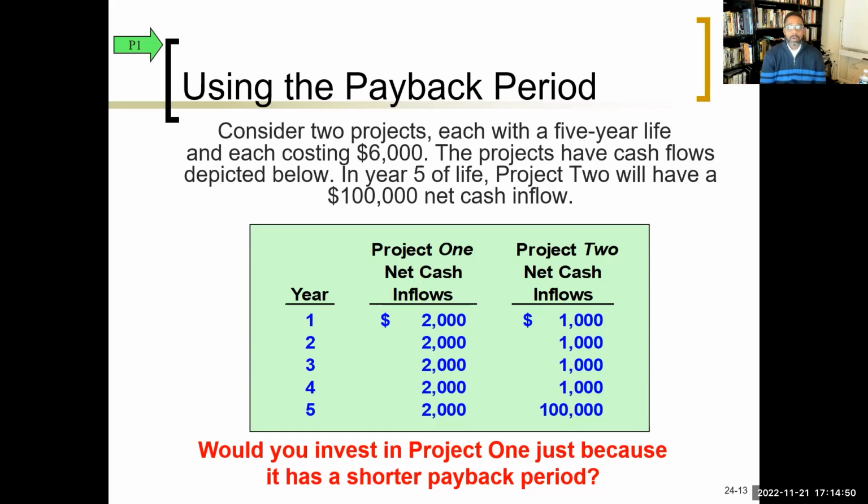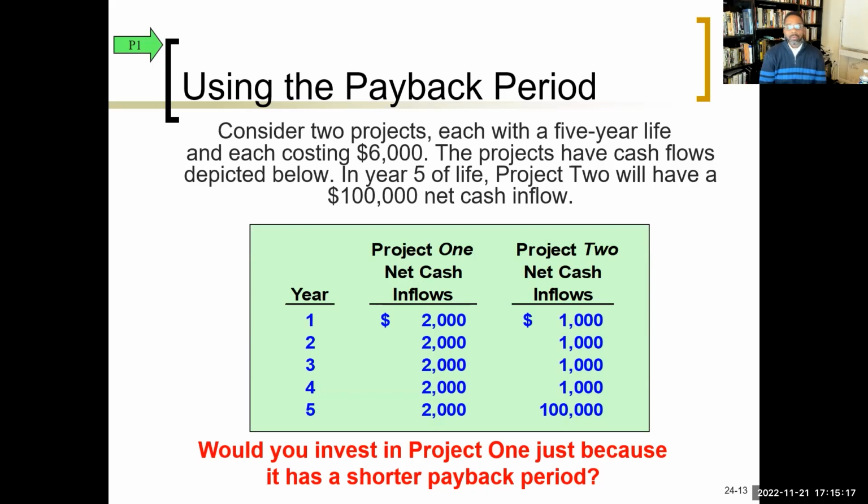And let's say the project costs $6,000. The projects have cash flow depicted in this slide, right? If you looked at it initially, just at how fast you pay back, then you would easily pick project number one because it pays back in 3 years, right? 2,000, 2,000, 2,000, 6,000.